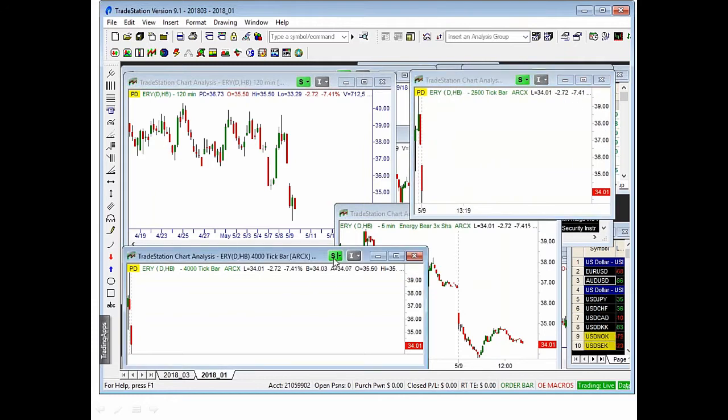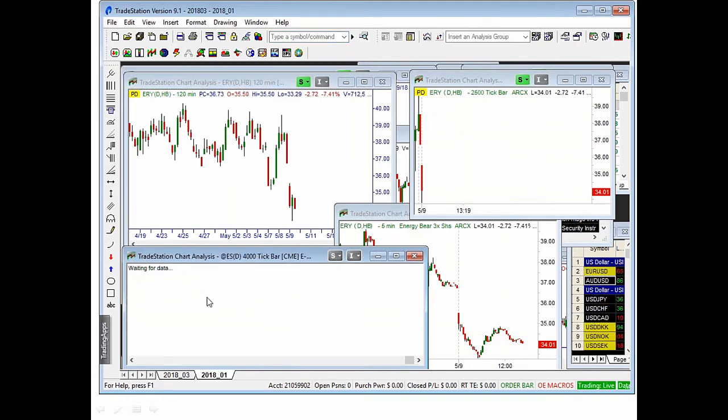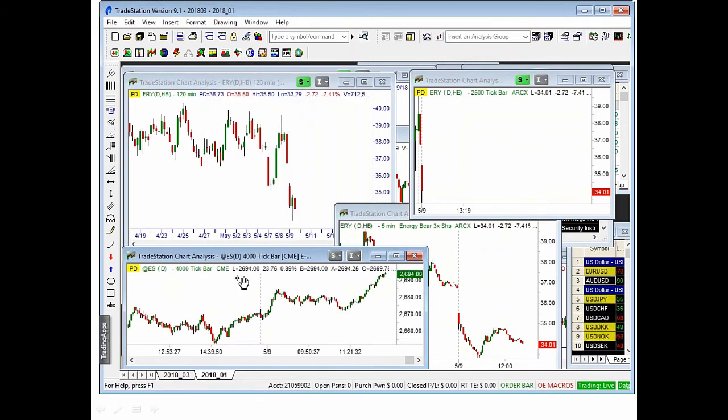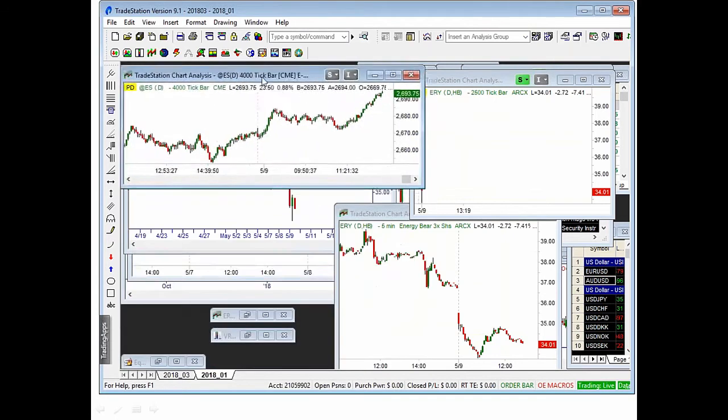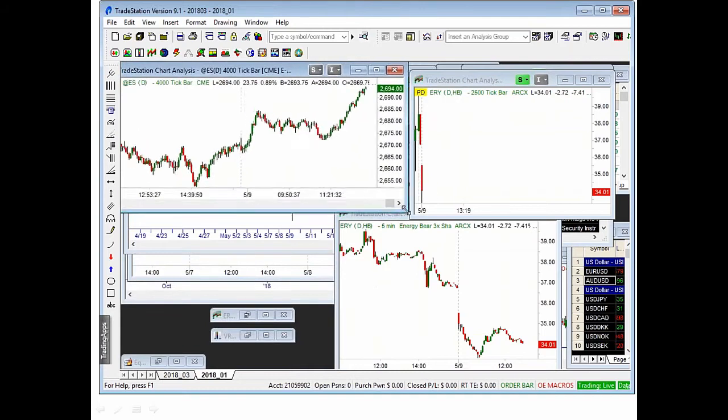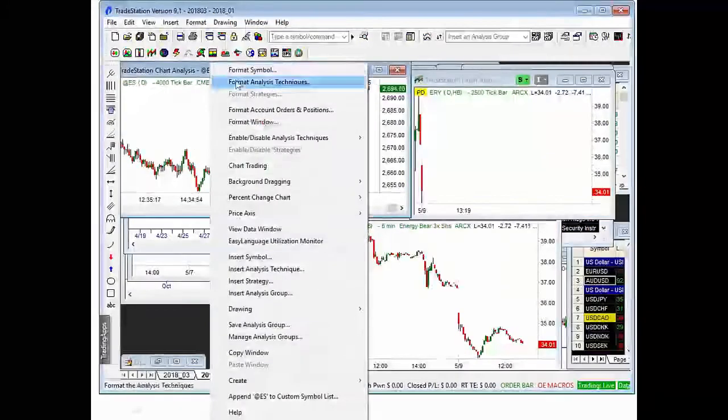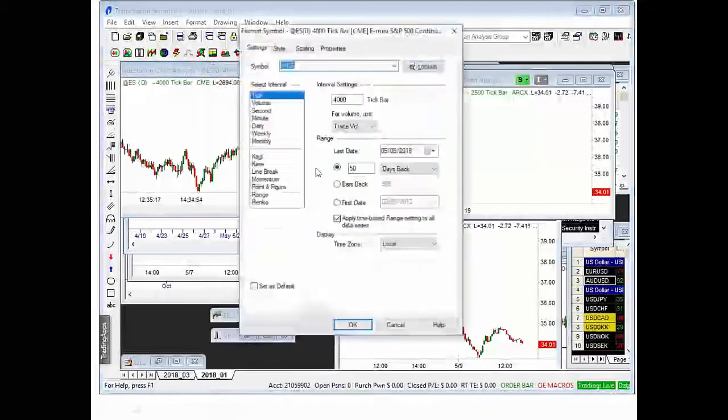If you look at a 2,500 tick chart on the ES, on the other hand, you're going to see a lot more. So here's the 4,000 just from today. I'll change that even to 2,500 so you guys can see the difference.